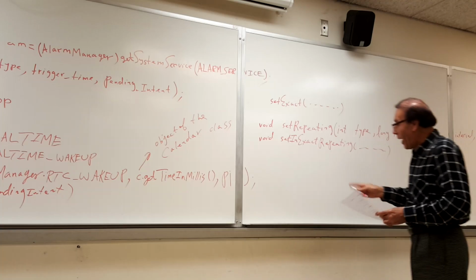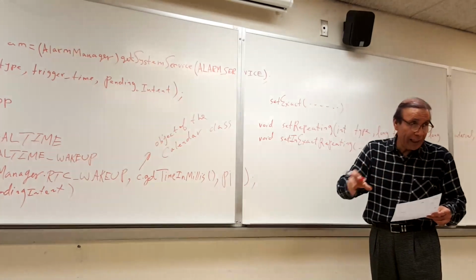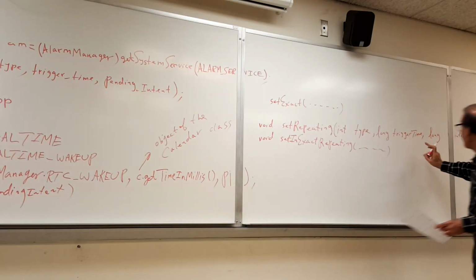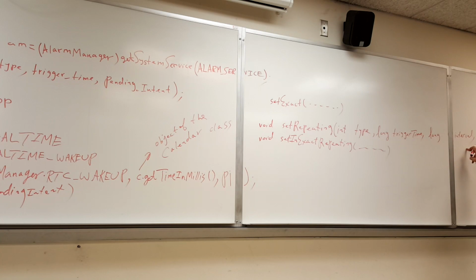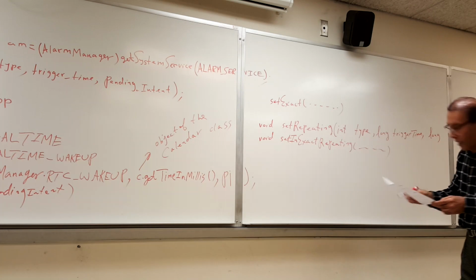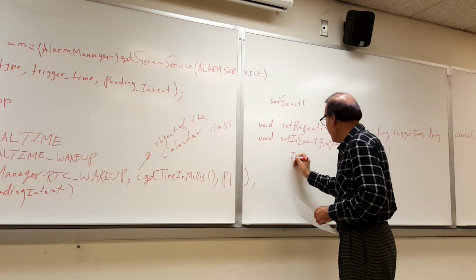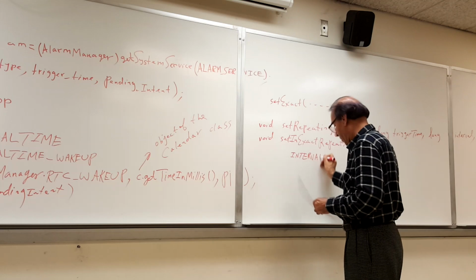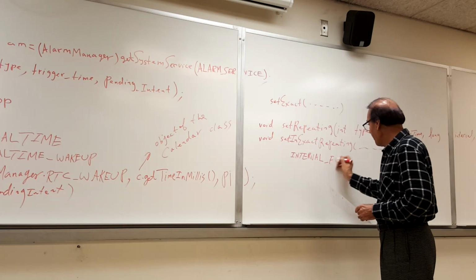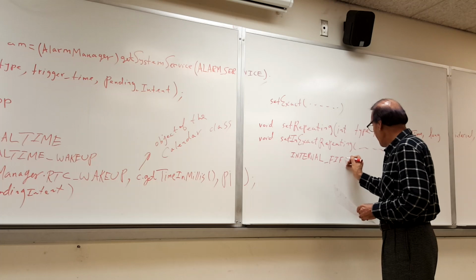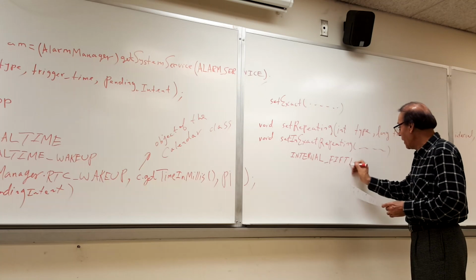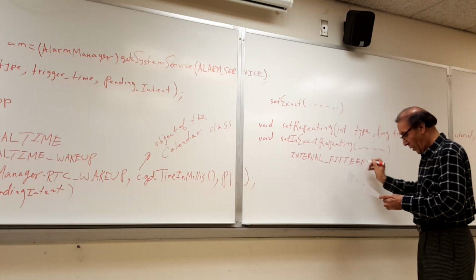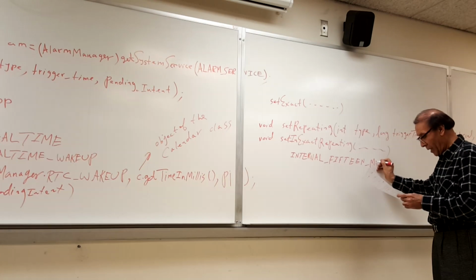We say we have the following constants that we are using for interval. Start at 2 and the interval will be every 2 seconds, every 1 second, every 5 seconds, something. But we are using these: INTERVAL_FIFTEEN_MINUTES.